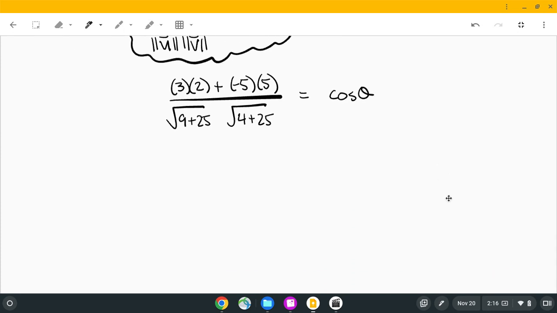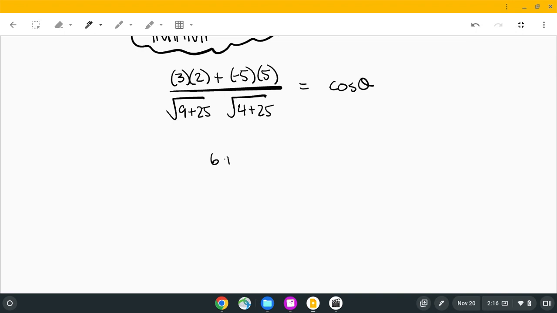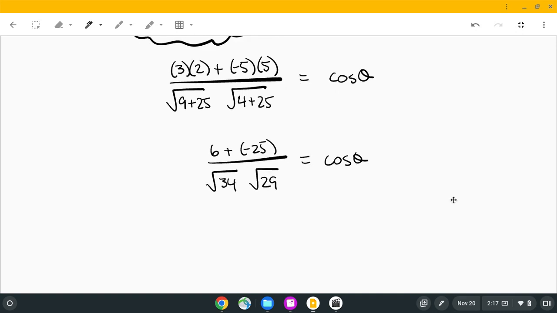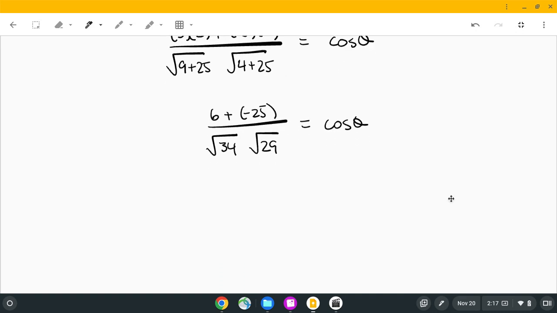Okay, so we get 6 plus negative 25. And then over here, square root of 34. And then over here, we get square root of 29. And here we get negative 19 over square root 34 times square root 29.